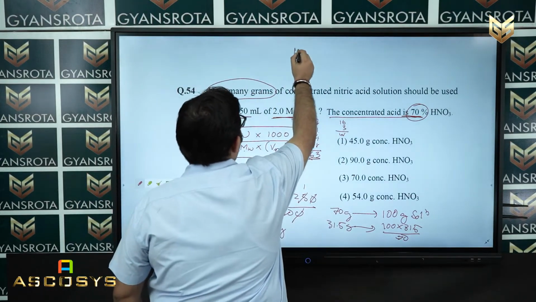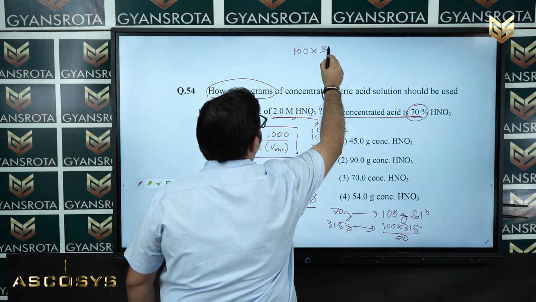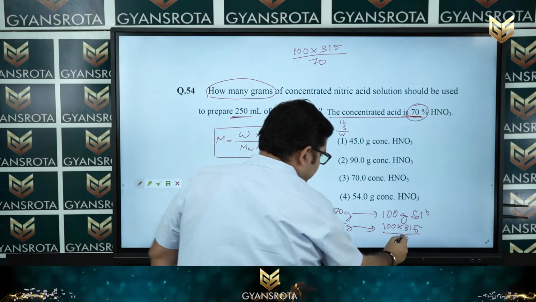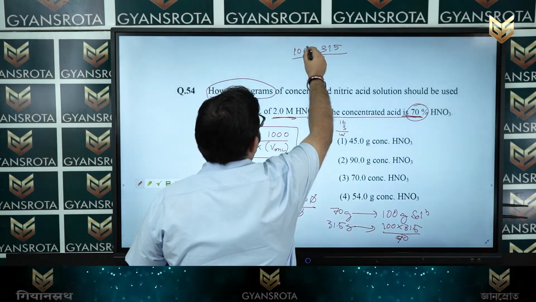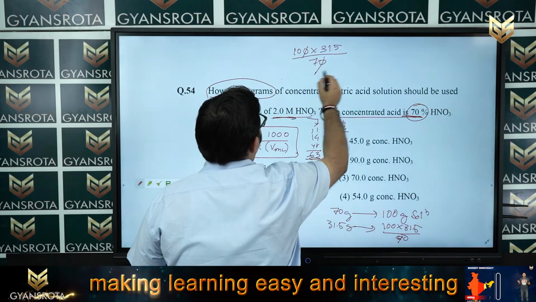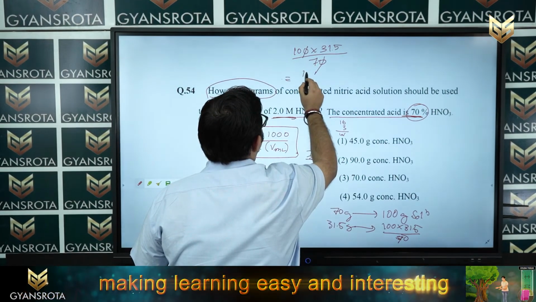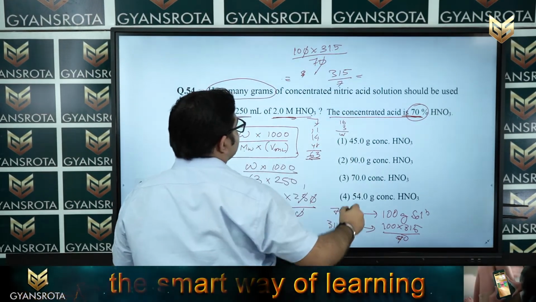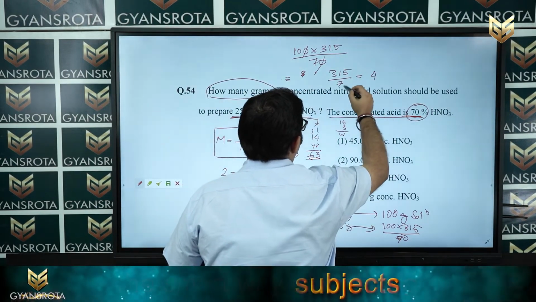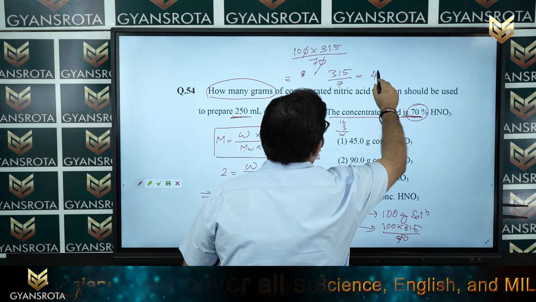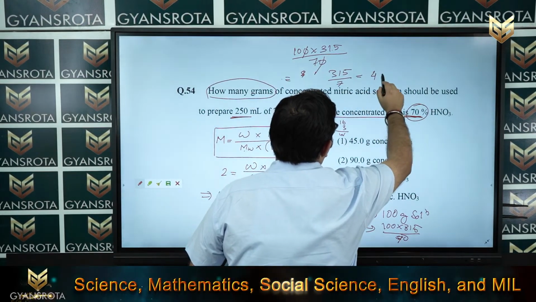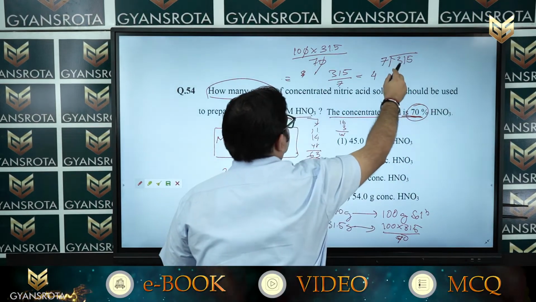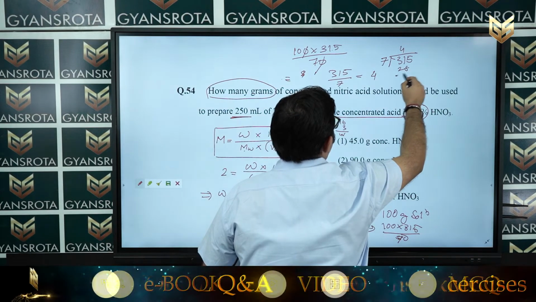So let's do the calculation, like 100 into 31.5 divided by 70, and it will end up with 315 by 7, it will end up with 4, that is 28, it will be 45, wait, 315, yes.